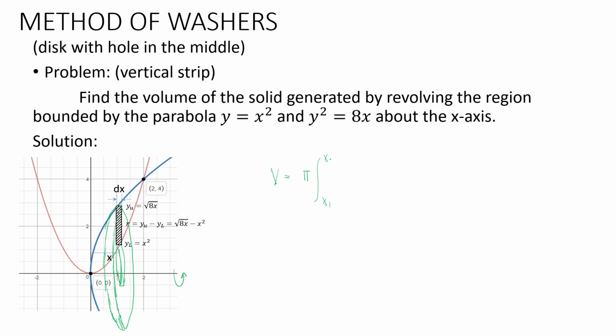x1 to x2, and then you're going to have y top squared minus y bottom squared dx. So pi, and then from x1 to x2, that would be from 0 to 2.